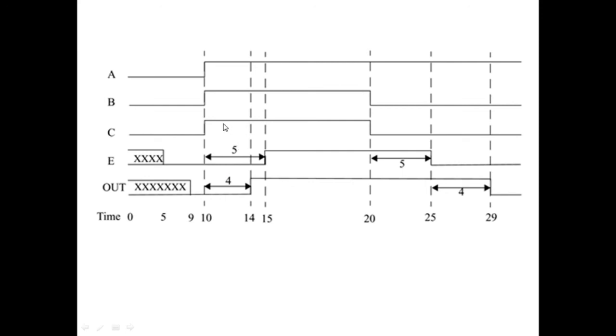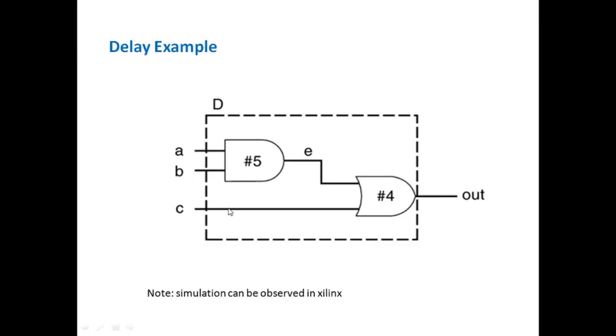Now, how I have to understand this: C has a logical transition to logic 1 after 10 seconds. That means immediately when C is logic 1, the output should also be logic 1.